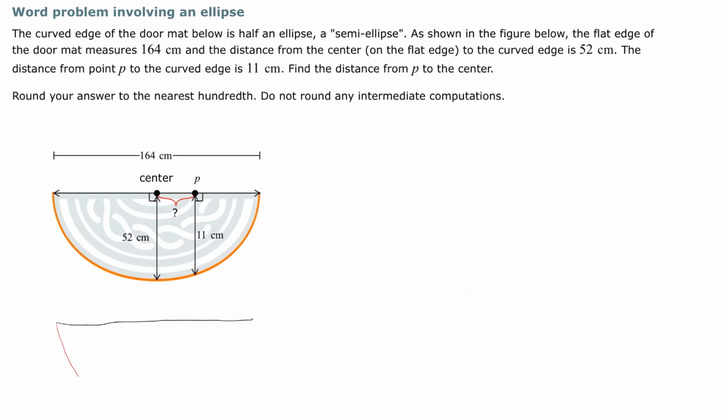I mean, there's the ellipse, or the semi-ellipse. So the black line here is representing the major axis. The problem I have here is that the 52 centimeters is down here, but 11 centimeters is only 1/5 of that. So 11 centimeters should be about here. So that means point P is really about here. So this would be probably a better scale.